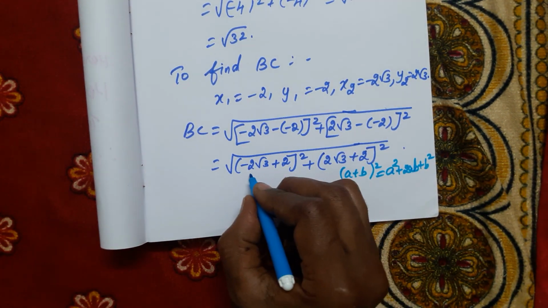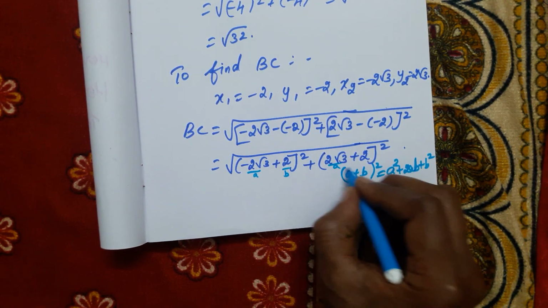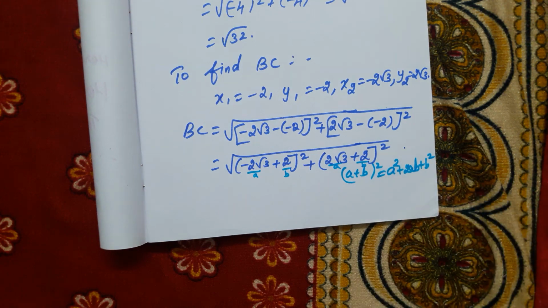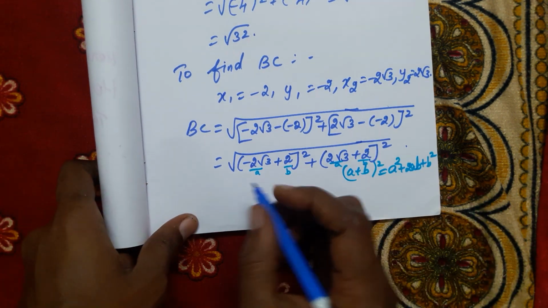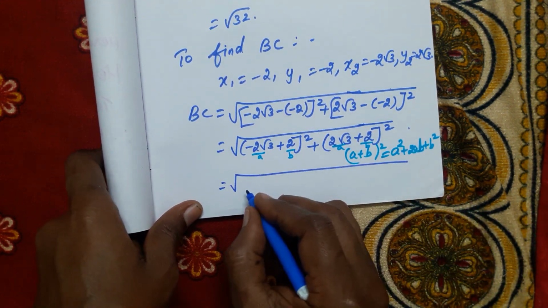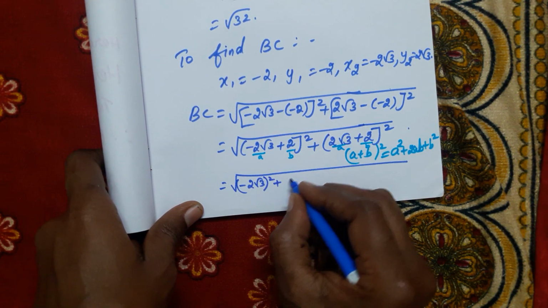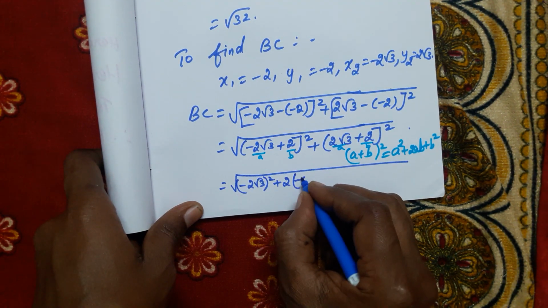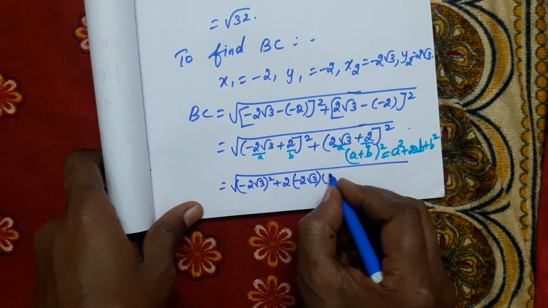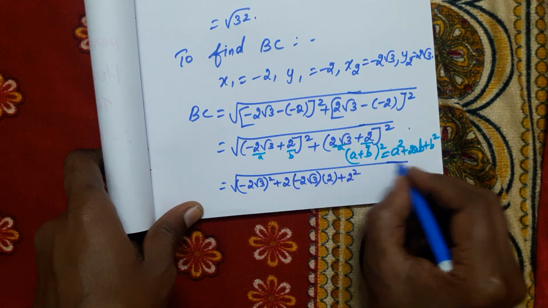Here we can take it as a, it as b. Here also we can take it as a, it as b. When we do that, what will we get? A square means minus 2 root 3 the whole square, plus 2ab means 2 into minus 2 root 3 into 2, plus b square means 2 square.